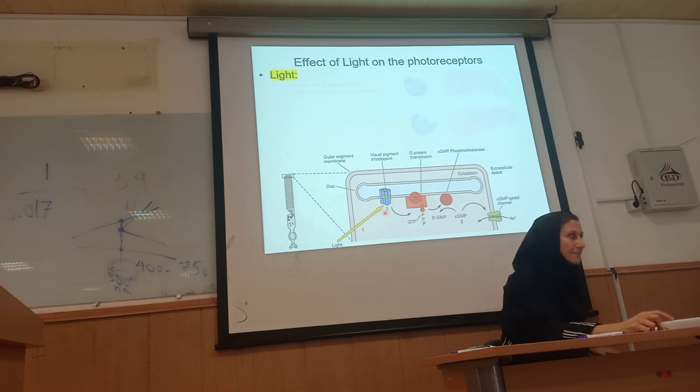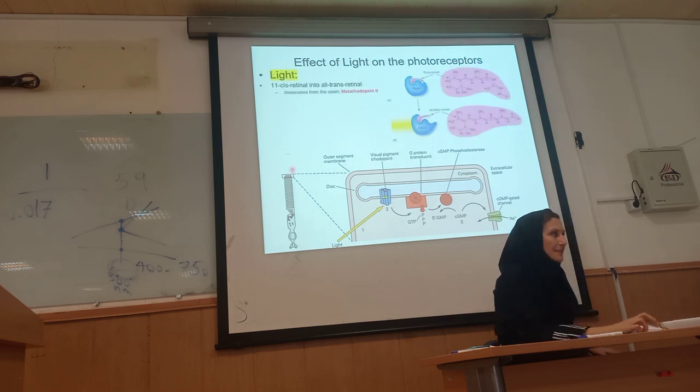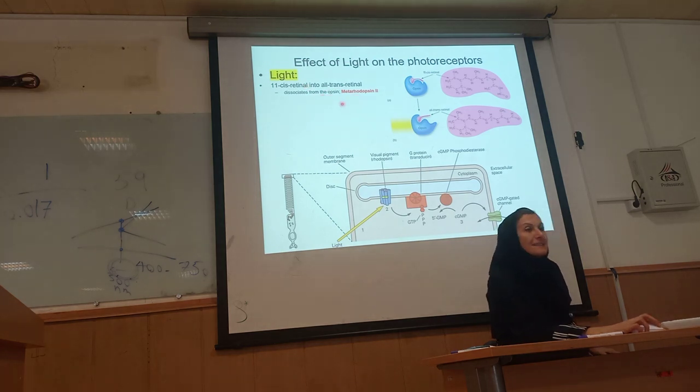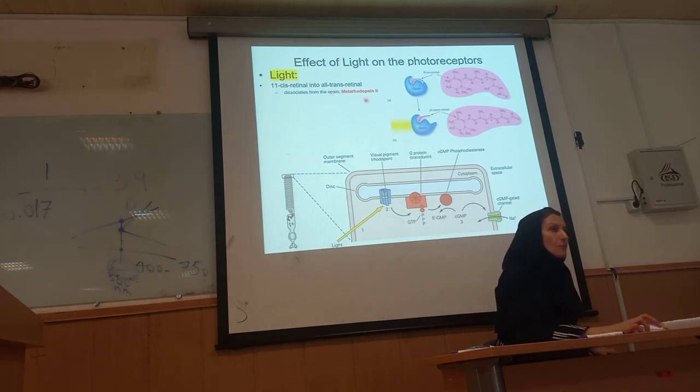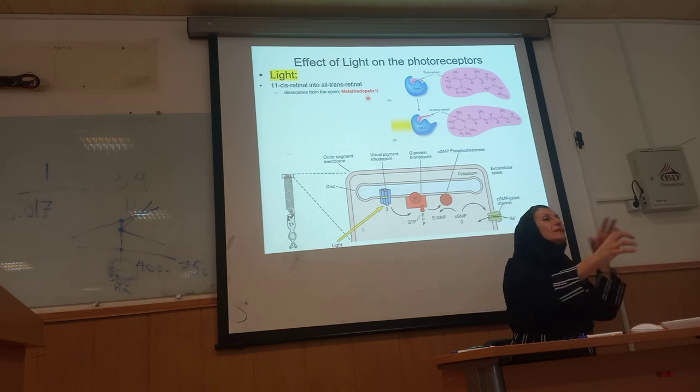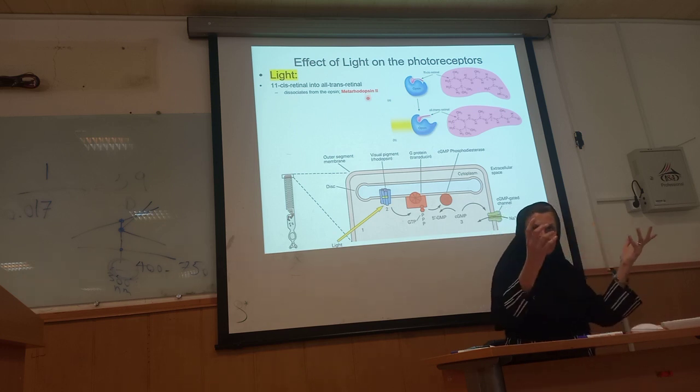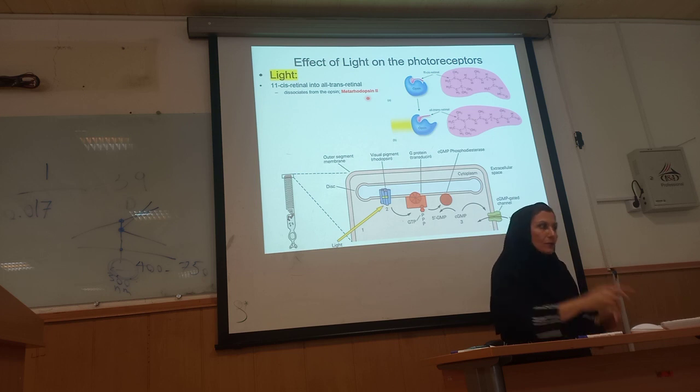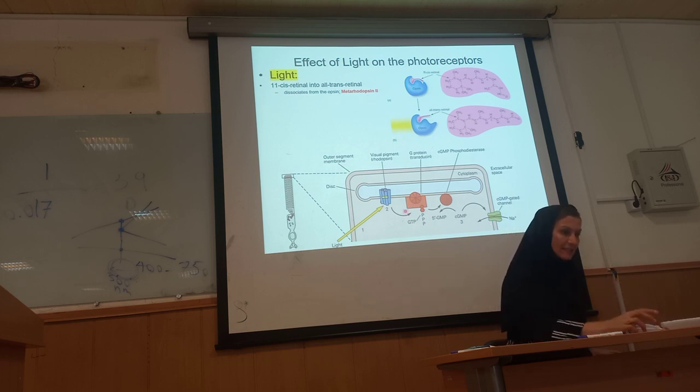After that, you can see 11-cis retinal into all-trans, dissociation from the opsin. Then what dissociates from the opsin is called meta-rhodopsin 2. This is the activated rhodopsin. Okay? What happened after that? You can see here.